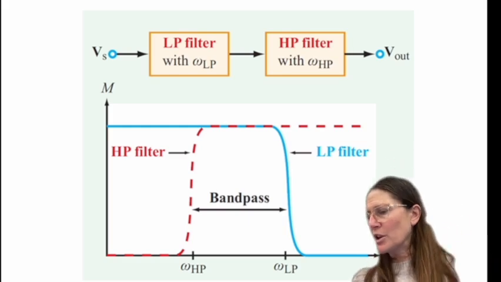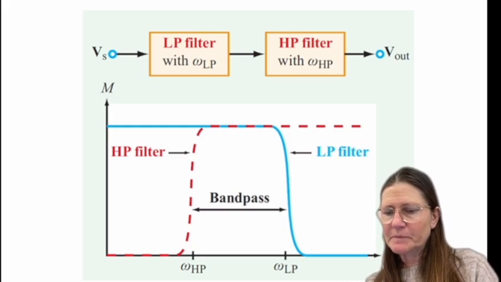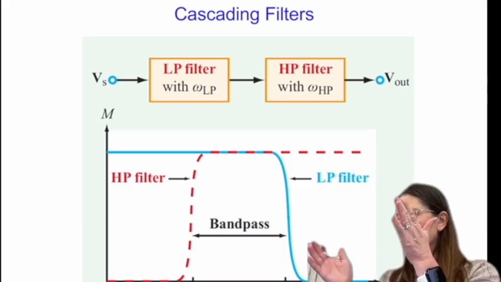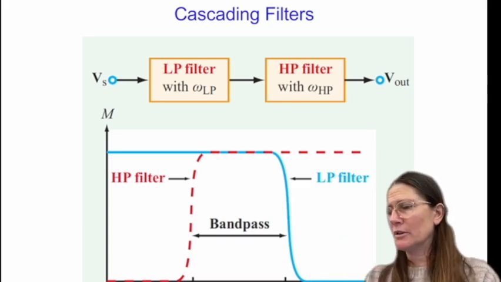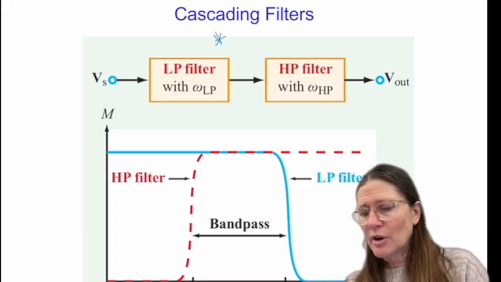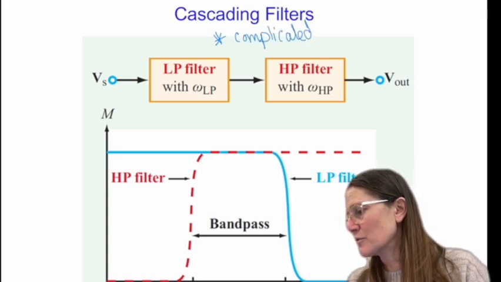So one other thing you can do is actually combine different filters to tune a specific pass band to be very, very narrow. So this ends up getting very complicated, as you can see, 2 different filters.